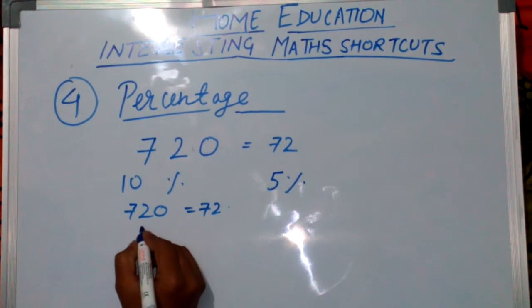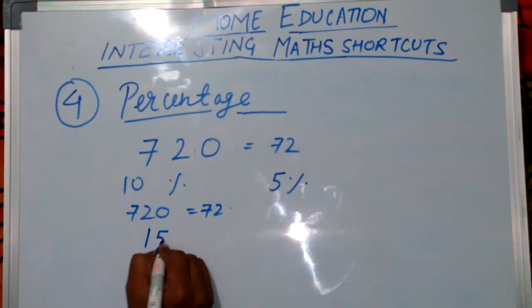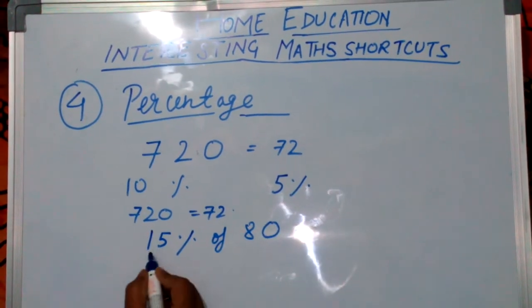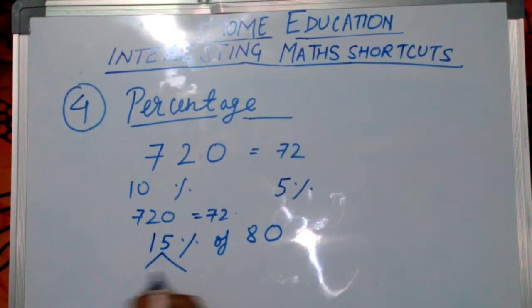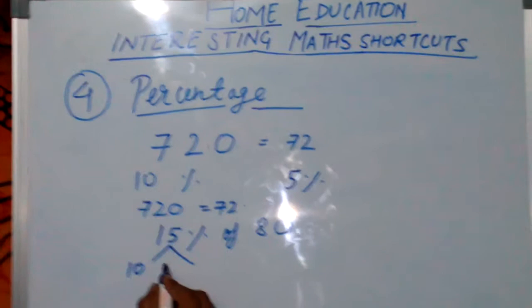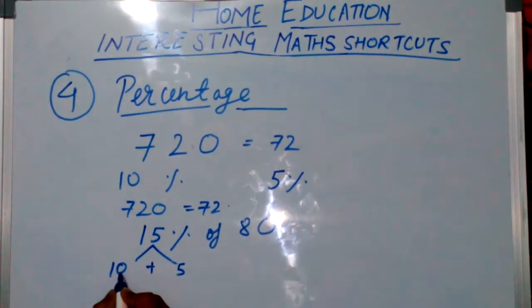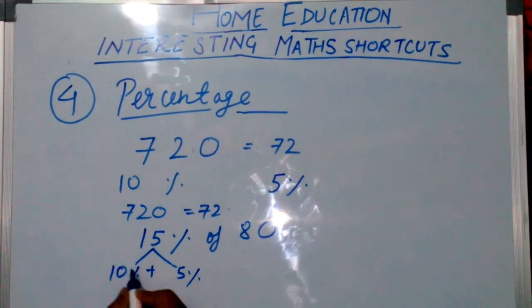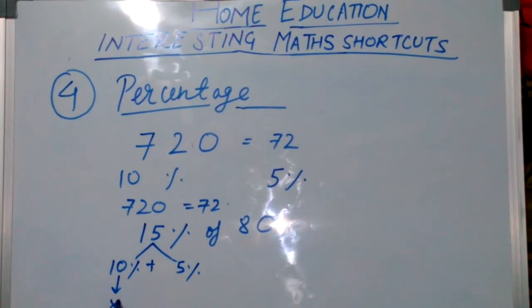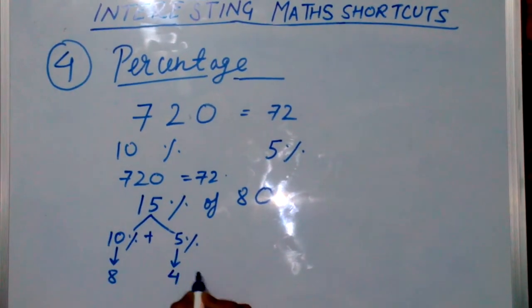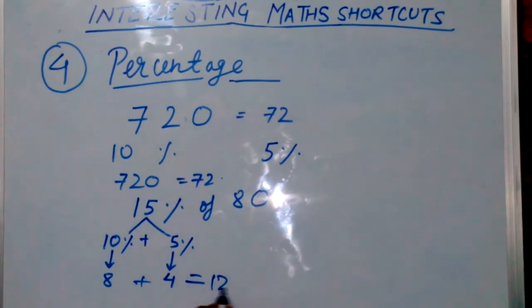Now for example, if it says 15% of 80, we can write 15 as 10 plus 5, so 10% and 5%. 10% is how much? 8. 5% is how much? Half of 8, 4. So 15% becomes 8 plus 4, 12.